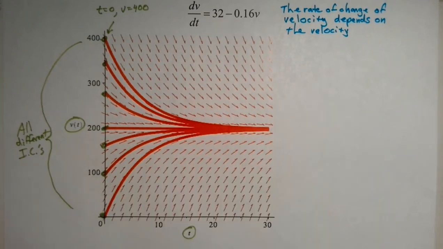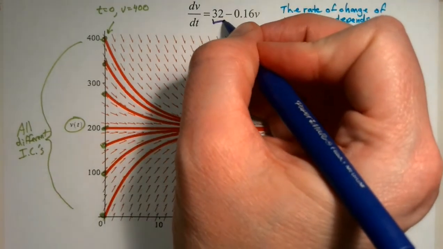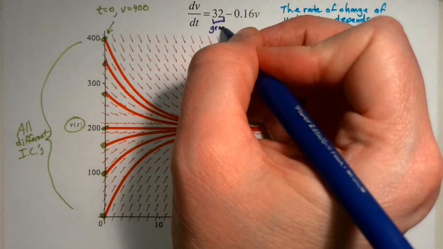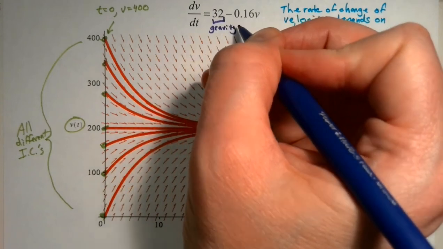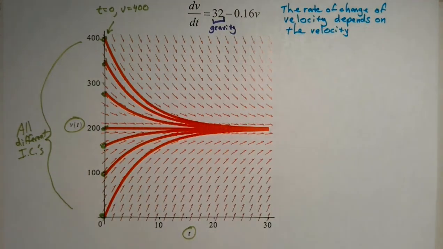And those of you who have had a little physics before probably recognize that number 32. This is the gravity part of the rate of change of the baseball. So gravity's pulling downward at a rate of 32 feet per second per second.